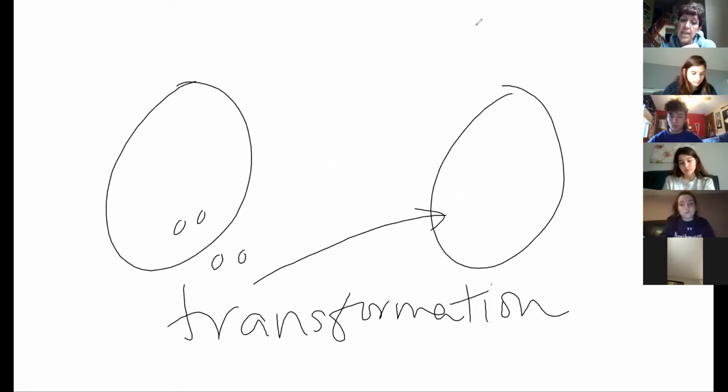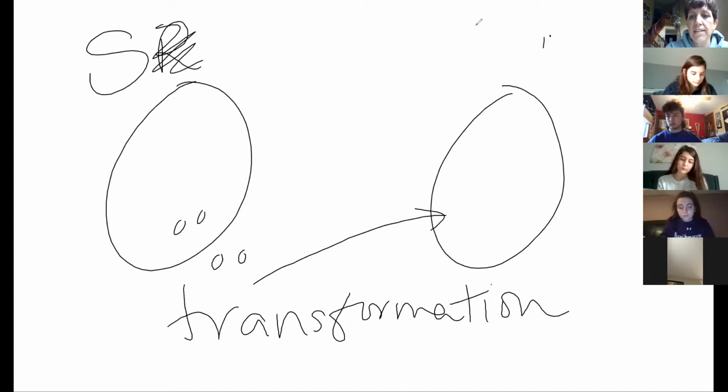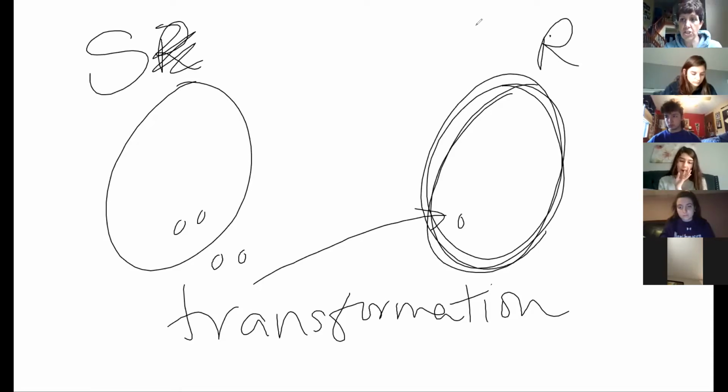And that word originally came from Griffith, the guy who noticed that the S bacteria were letting something out and the R were taking it in. And when they took it in, they got a capsule that looked just like the S. So he called it the transforming factor, and now we call it transformation.